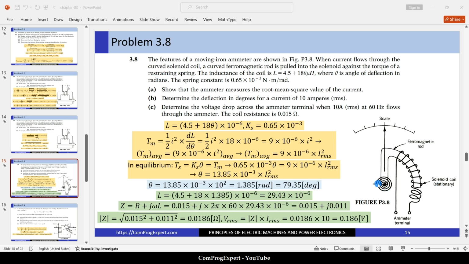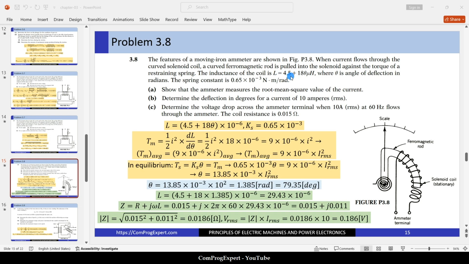So here we have this spring, right? In center, this is the ferromagnetic rod, and this is the solenoid coil that is stationary. This is the scale. The inductance of the coil is given here.